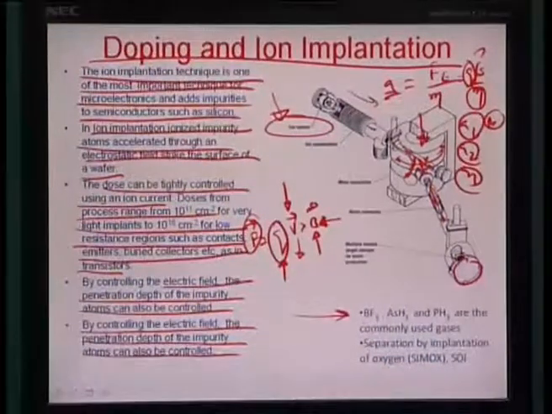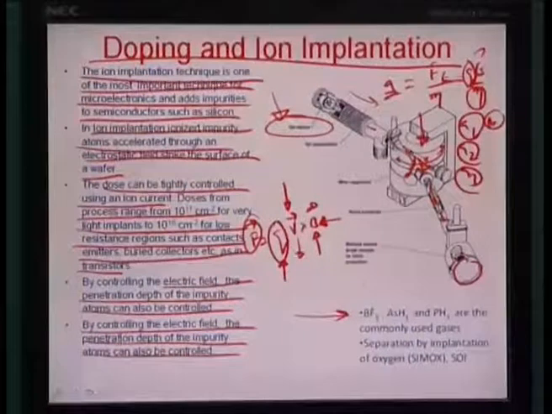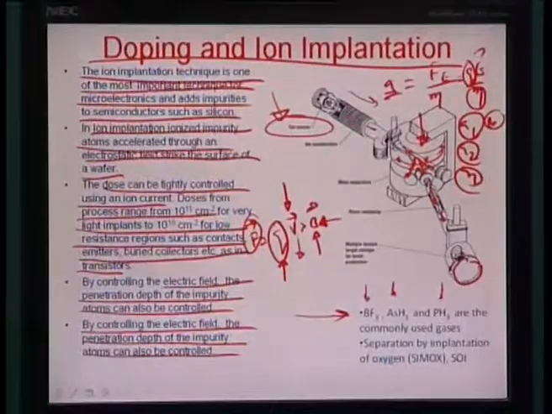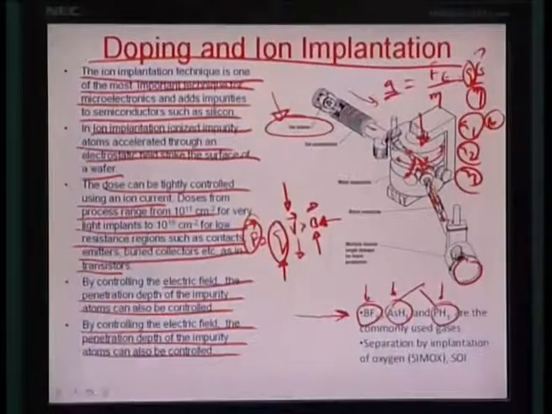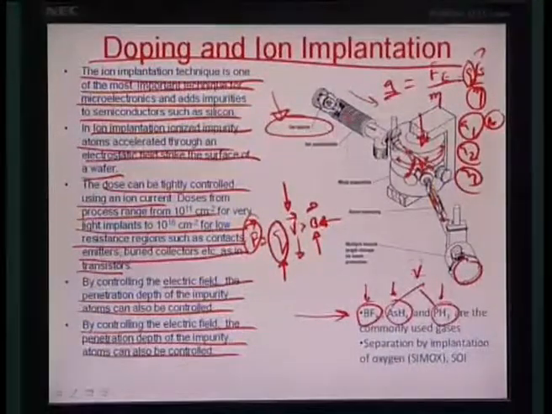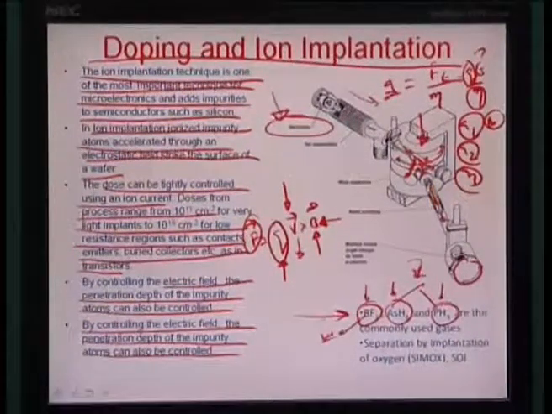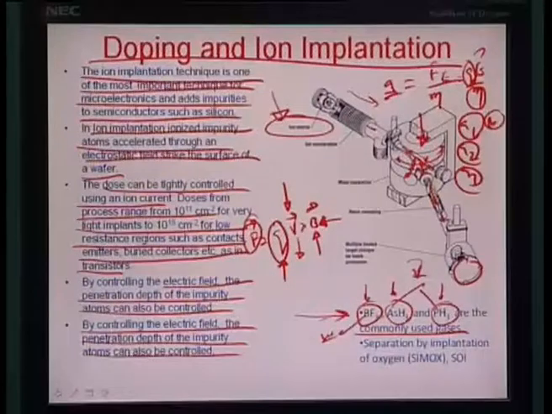You also have the gas phases which are typically used for these purposes, like trifluoroborane, arsine or arsenic hydride, and phosphine or phosphorus hydride. As you know, these two are group 5, and this is group 3. They are commonly used gases for both P and N type impurities.